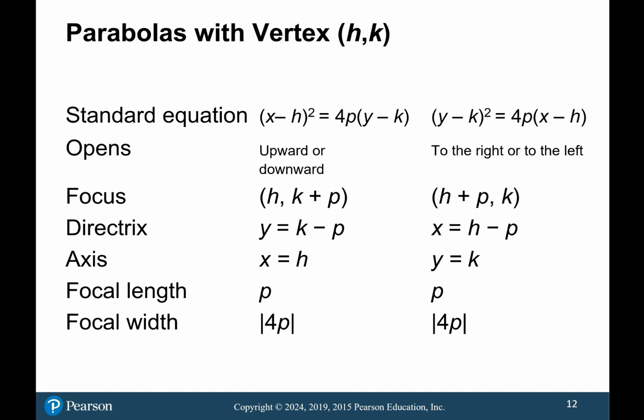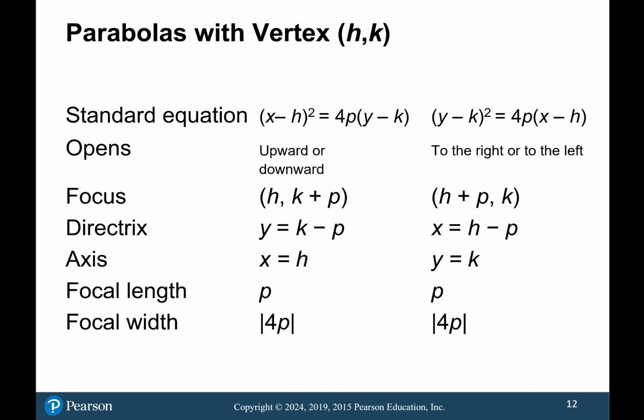Suppose we move the vertex. Now again, this I'm hoping should look somewhat familiar. Not sure if it was Algebra 2 or Algebra 1. If we move the vertex away from (0, 0), and we put it anywhere with coordinates (h, k), we're going to have the standard equation.